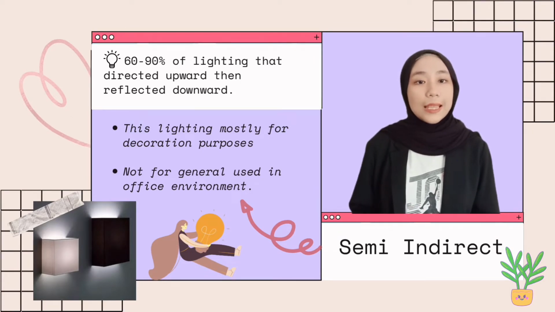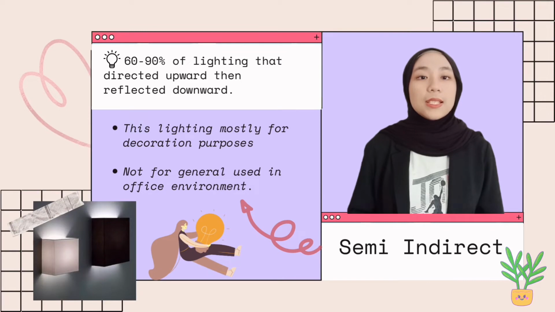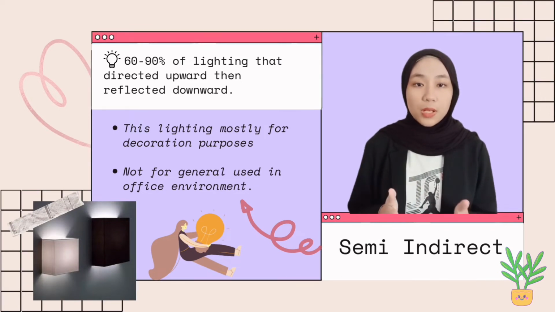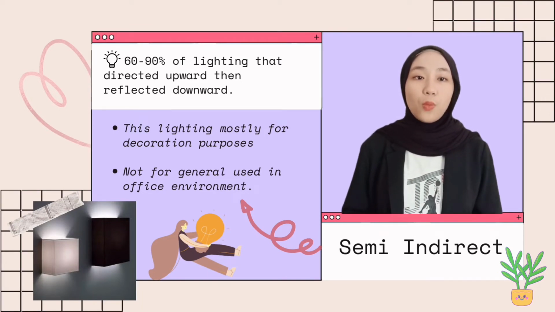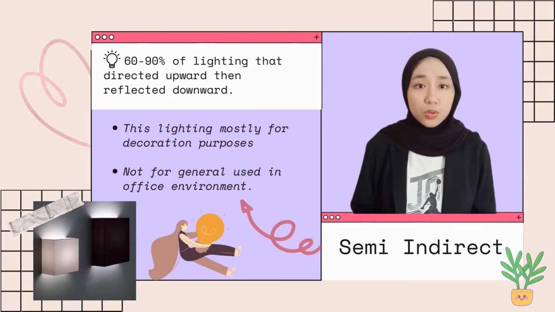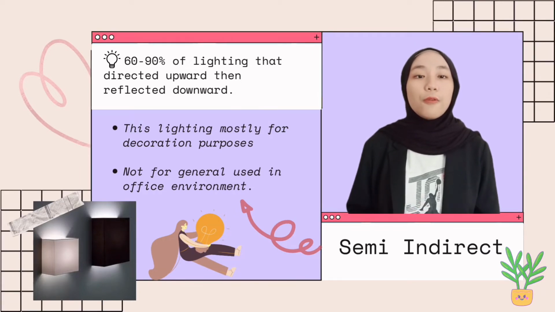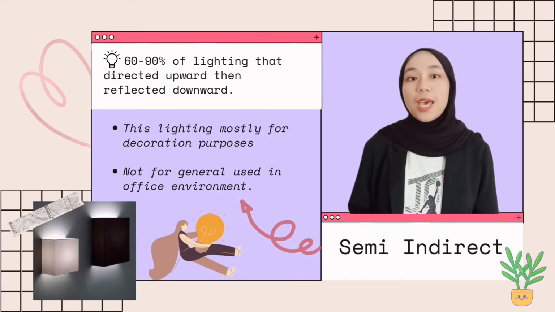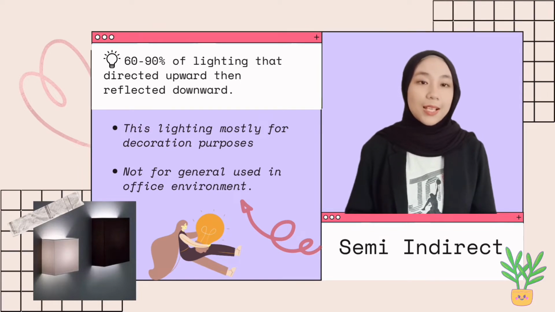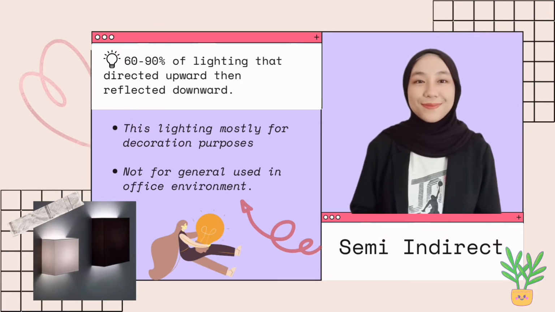The good lighting that we want to use is lighting that directs to the workspace, so it is easy to do the work. It is not suitable for office work areas, but can be used as decoration in the relaxed part of the office.